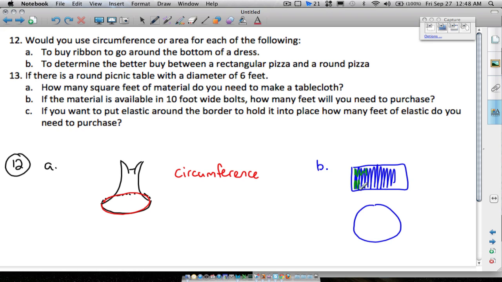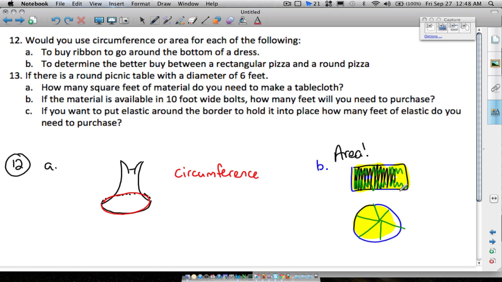Down here in this circle, you might have slices like this. I know I'm sloppy with my lines, but you're filling up the area. You're talking about the area of the rectangle and the area of that circular pizza. So to determine the better buy, we would use the area.